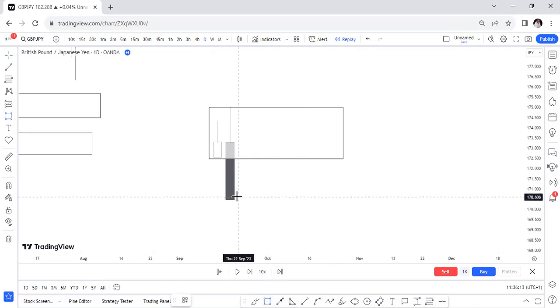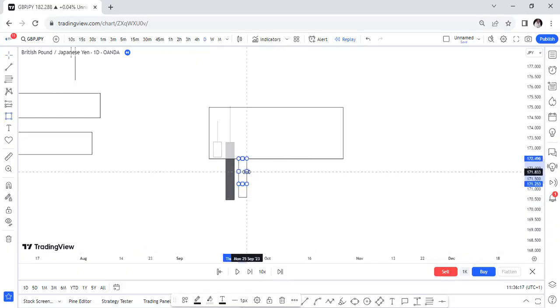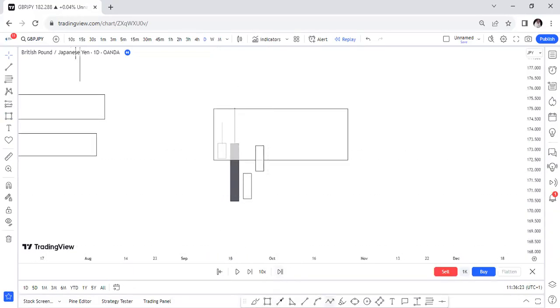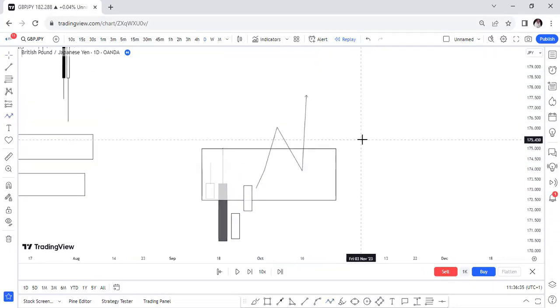What happens? If you see this, price was moving up higher, going up like that. Instead of price pushing lower, it touches the zone and moves up higher.